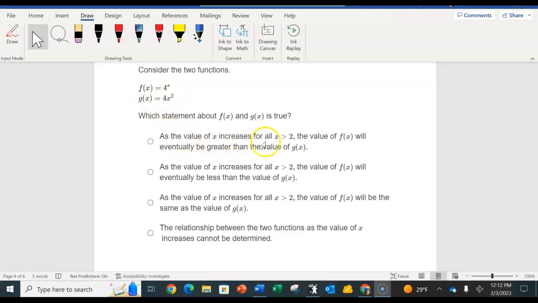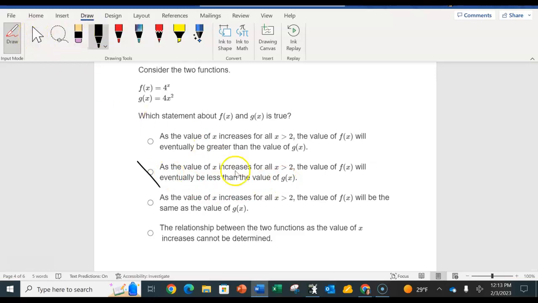So as the value of x increases for all x greater than 2, the value of f will eventually be greater than the value of g of x. All right. As the value of x increases for all x greater than 2, the value of f of x will eventually be less than. We know that one cannot be true.